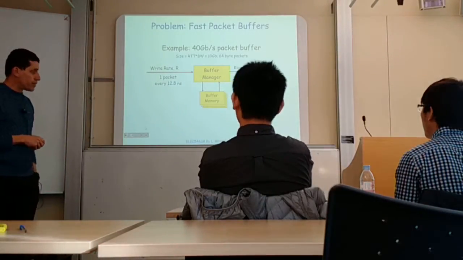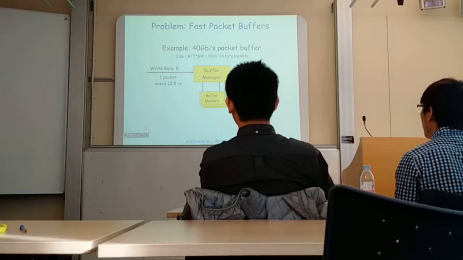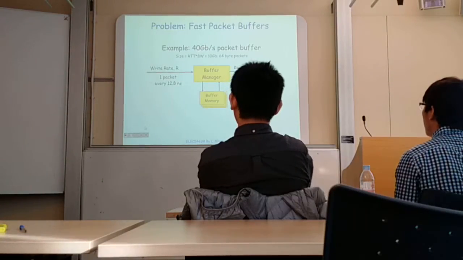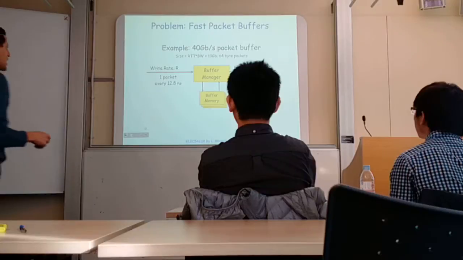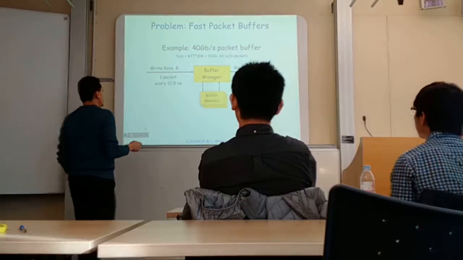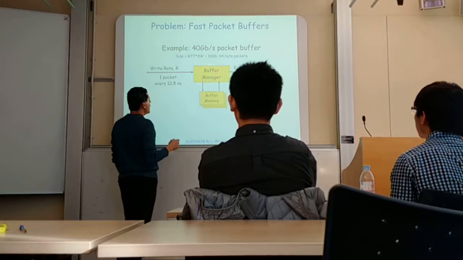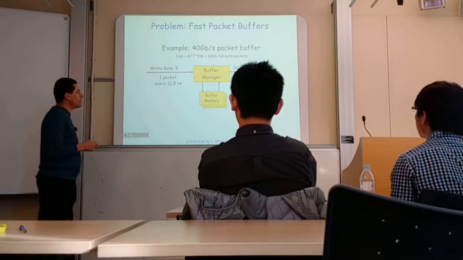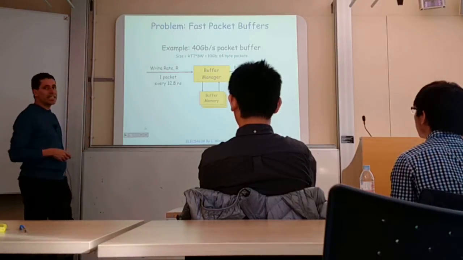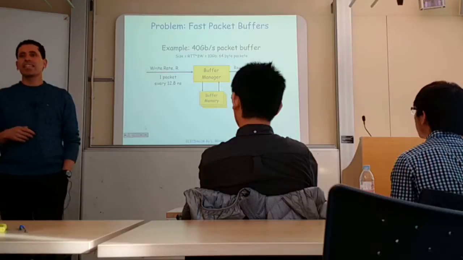However, my memory is a problem. Assume that I have a 40 gigabit per second buffer. This one can handle up to 40 gigabits per second. That's the bandwidth of the buffer.